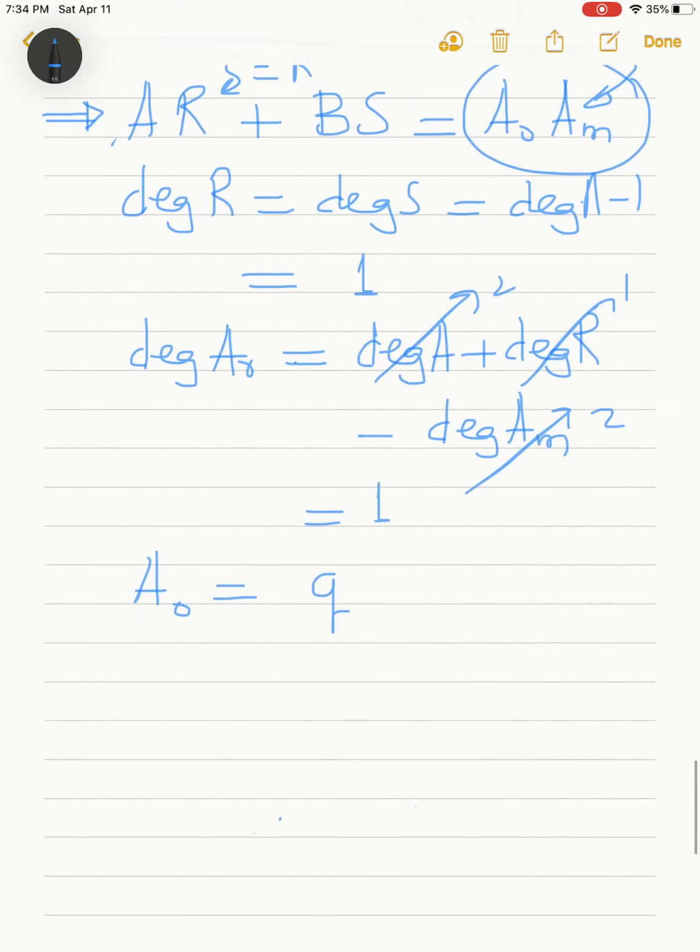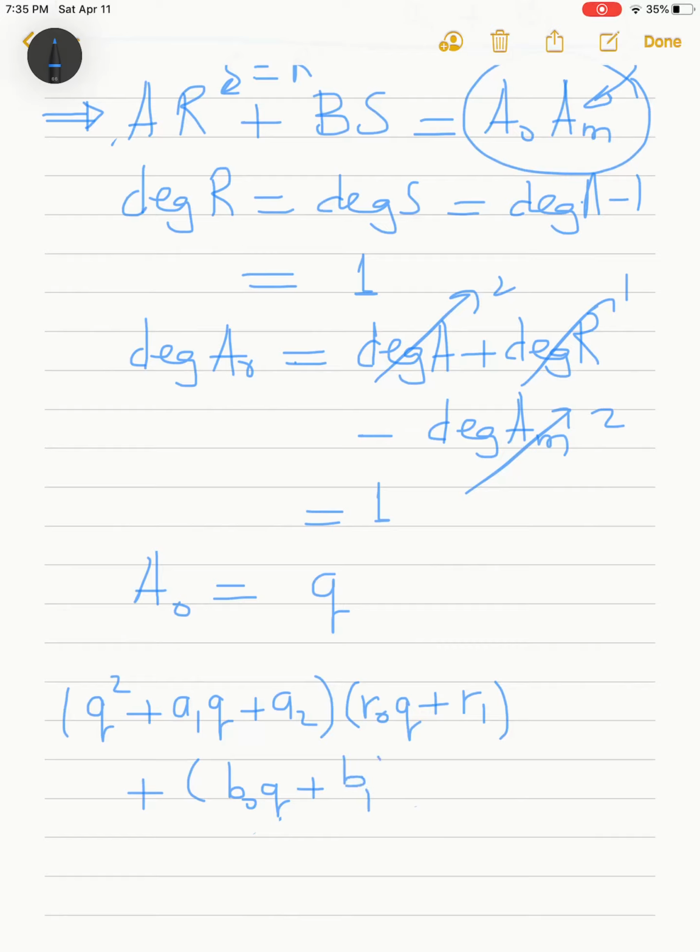So I'm going to substitute for A here by Q squared plus A1 Q plus A2, times a first order polynomial for R, let's say R node Q plus R1, plus the B polynomial, which is B node times Q plus B1, times a first order polynomial for S, that would be S node Q plus S1.